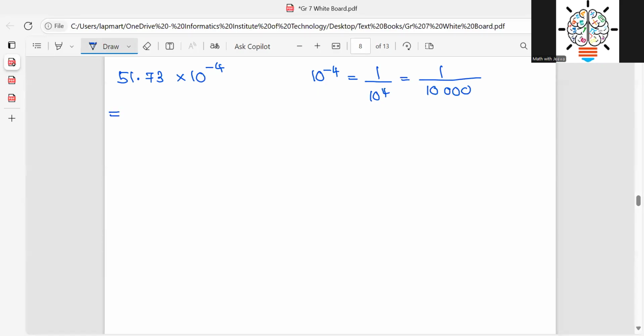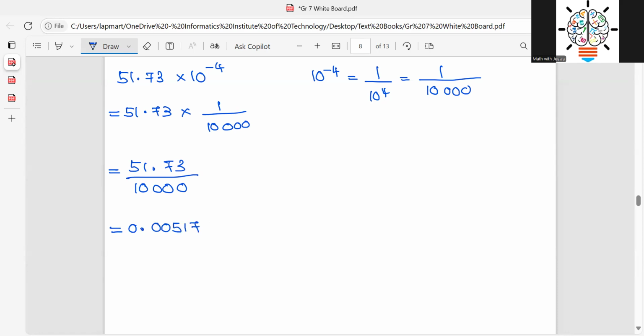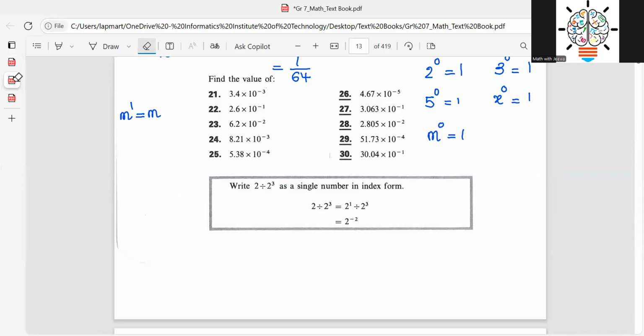So then here I write 51.73 multiplied by 1 over 10,000. Right? So dividing 51.73 by 10,000, the answer will be 0.005173. Right? 0.005173.